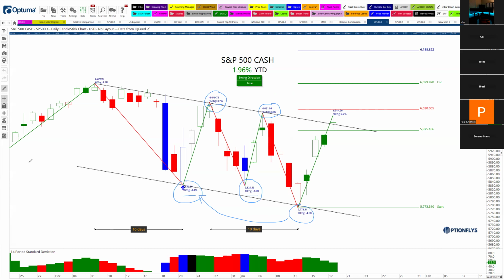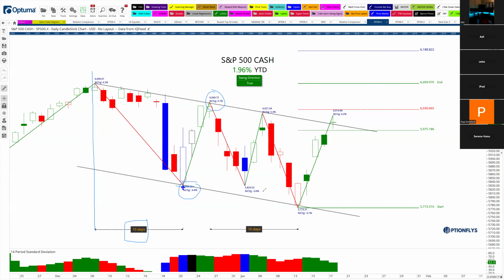So I was like, okay, we took this decline of 4.4% to this low, it took 10 days. I didn't have anything on that time. I was like, okay, we got the bounce right there that lasted 4 days.